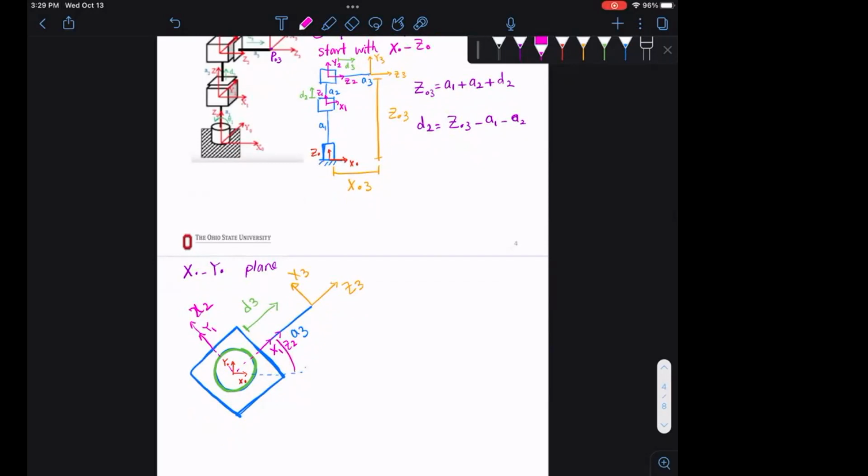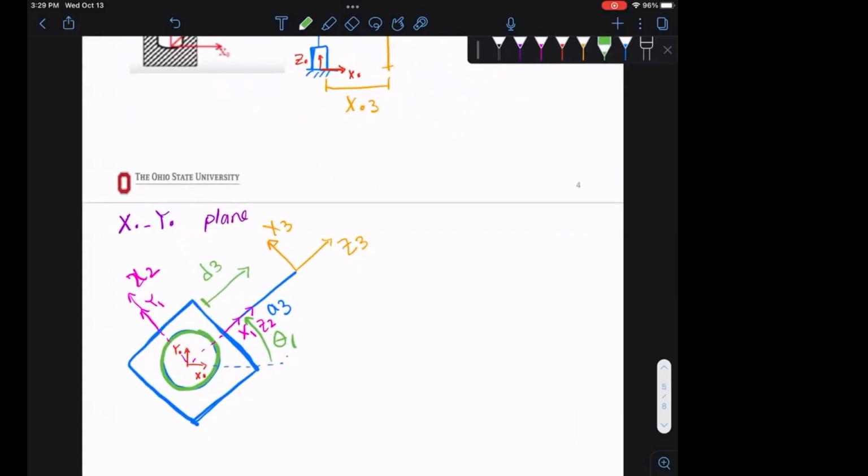Theta 1. This is how much that joint rotated. Now I see theta 1, D3, and both of these are independent from other things that happen in other planes. So I can write two relationships with this, and I'm done because I already found D2, right? So write these relationships. When you solve this in your homework or exam, you have to be as detailed as I am, right? You have to have all of this. Every one of these will have a point for you.